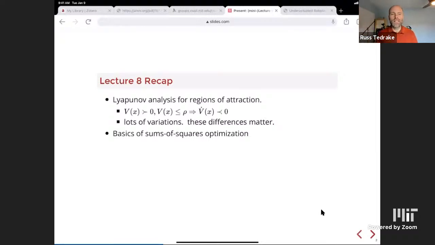With those two conditions together, which we get implicitly by choosing a sub-level set of V as our invariant set, we can talk about regions of attraction being sub-level sets of V. We want V to be positive, and if we can find some scalar rho where V less than rho implies V dot is less than 0, then we've proven that the sub-level set V less than rho is an inner approximation of the region of attraction.